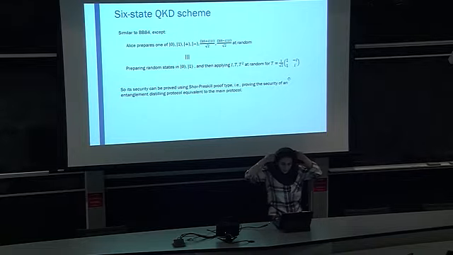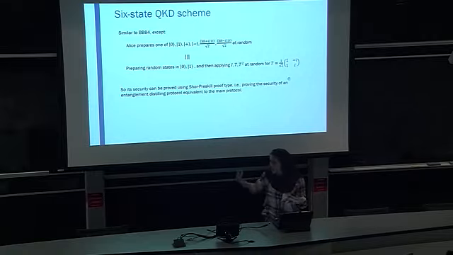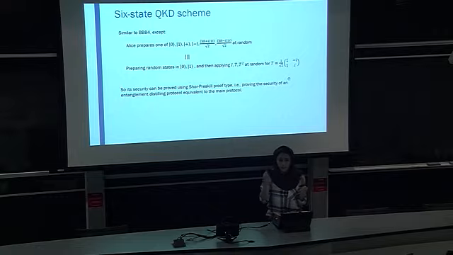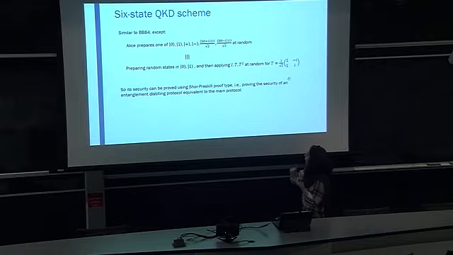And basically, you can see that it's equivalent to her preparing ket 0 and ket 1 at random, and then randomly applying one of the unitary operations identity, T, or T squared, where T is this operation defined here.